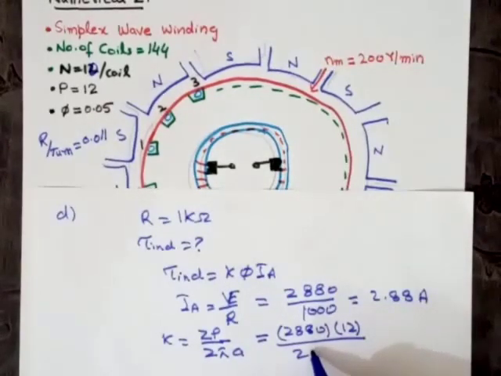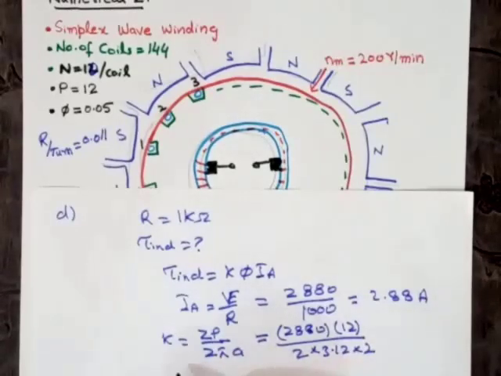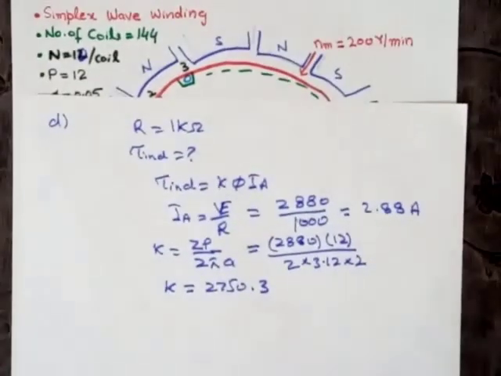The number of parallel paths, as we calculated in part A, is 2. Multiplying and dividing these values, we get K equal to 2750.3, the value of K in this equation.